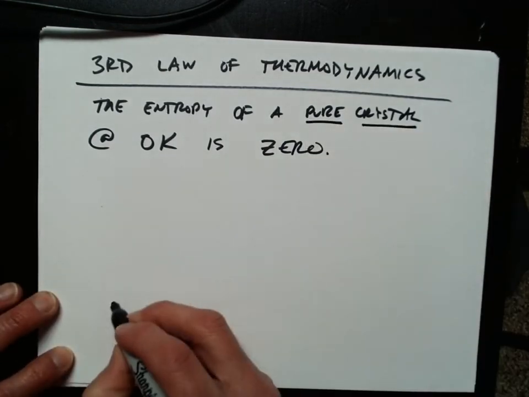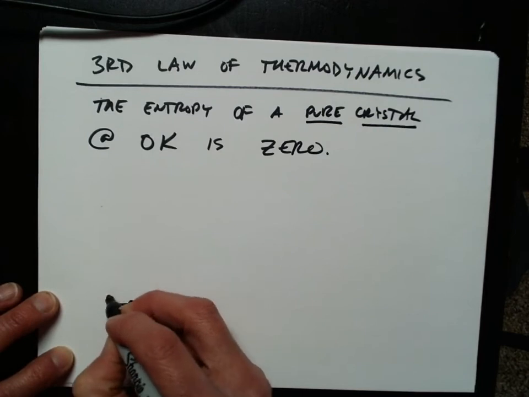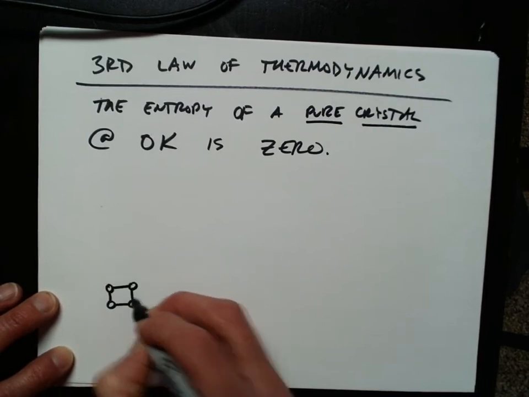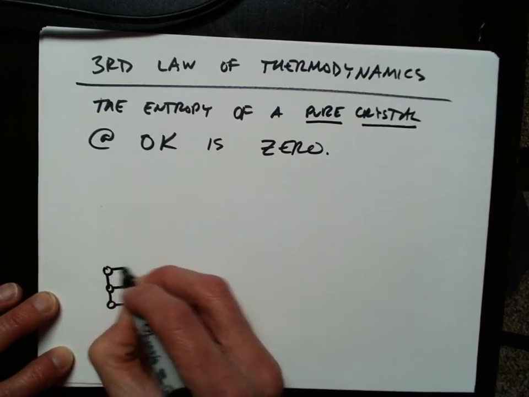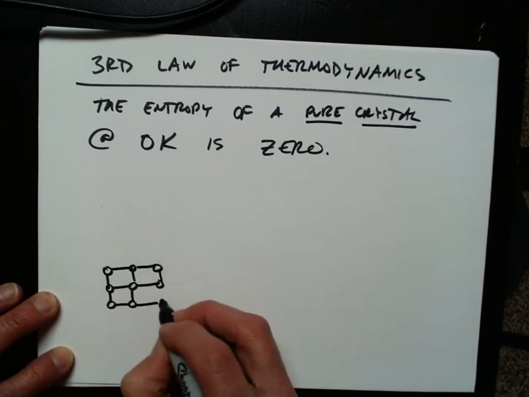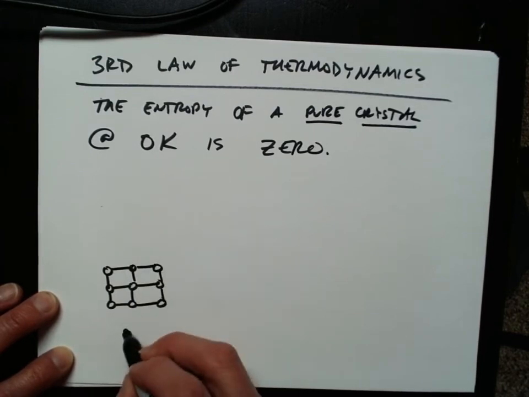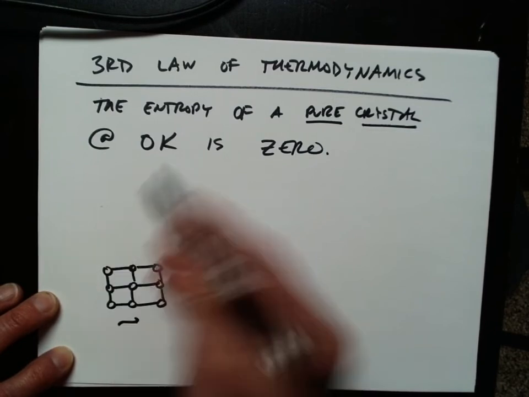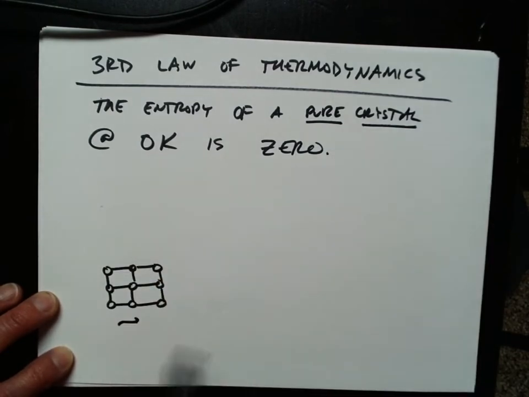Your crystal is perfectly arranged, and it's not vibrating at all because there's no thermal energy to this thing whatsoever. As soon as you start to raise the temperature of this, the entropy is going to start going up. And this we've covered. This is the idea that substances increase in entropy as they go from solid to liquid to gas.